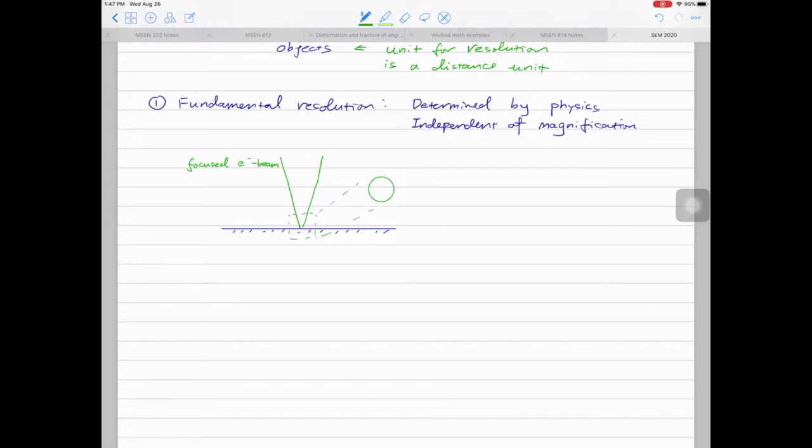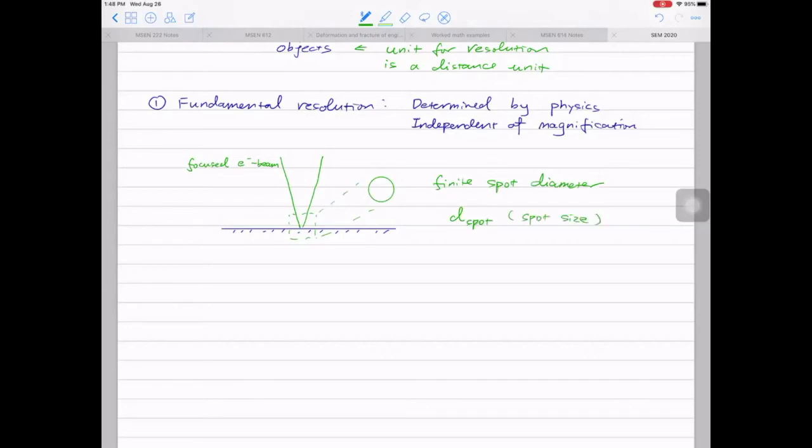So for any source, when we converge, we can only get a disk, and we have a finite spot diameter. In SEM, this is called spot size. Spot size in SEM is different from spot size in TEM. Let's just call it D spot. On the instrument, you'll see it's called spot size.